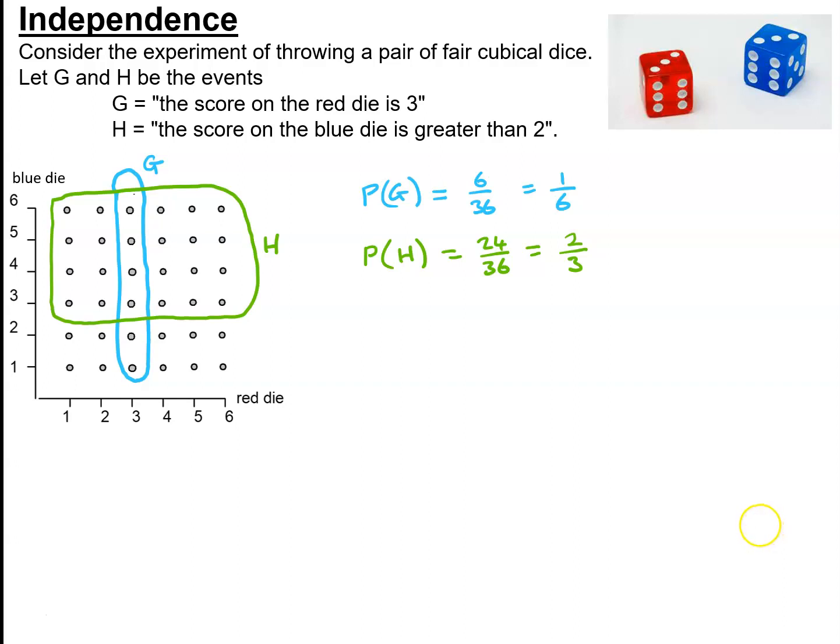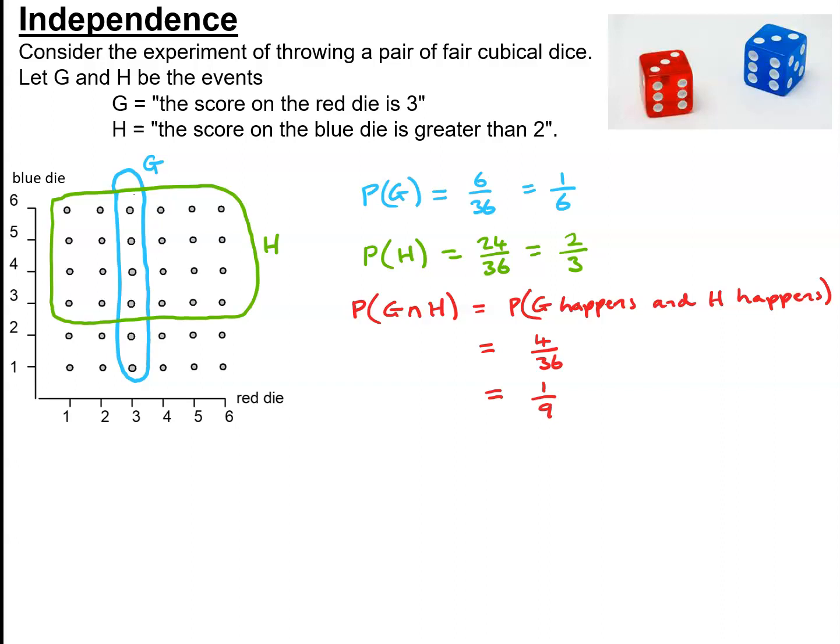If we're now interested in the probability of G intersect H, so that's the probability that G happens and H also happens, then we can see that only happens in 4 of the 36 outcomes. So we can say the probability that we've got G intersect H is the probability that G happens and H happens, which is 4/36.